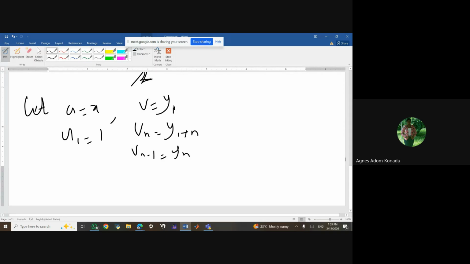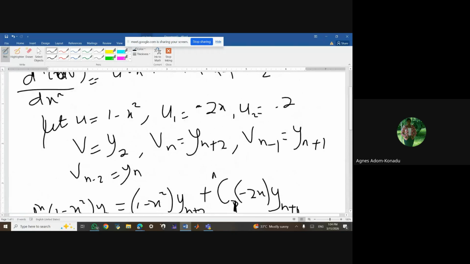So this one too, I'll go to the formula and start with my substitution. So dⁿ(uv)/dxⁿ will be, using the formula, u times v_n.